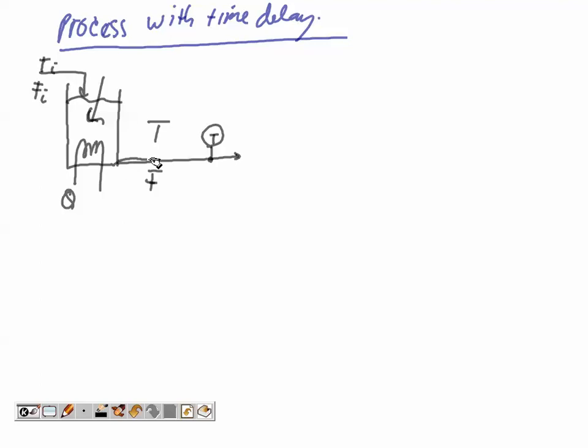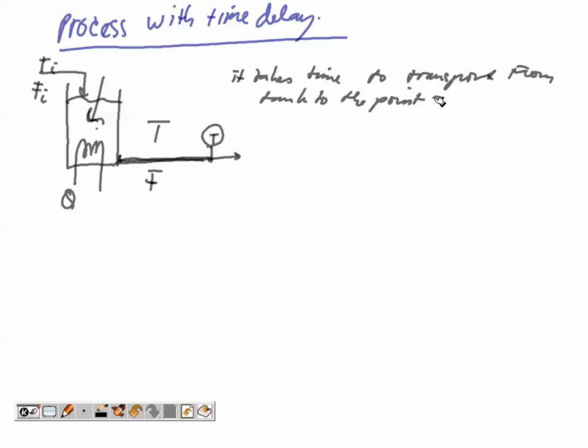So from this example, from this point to this point, it takes time to transport from the tank to the sensor point.